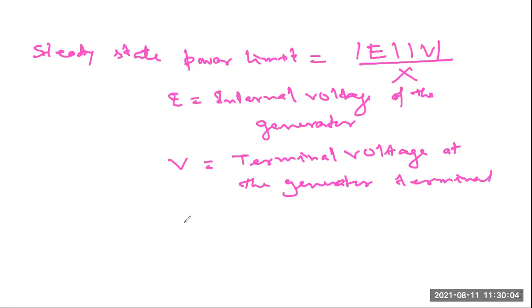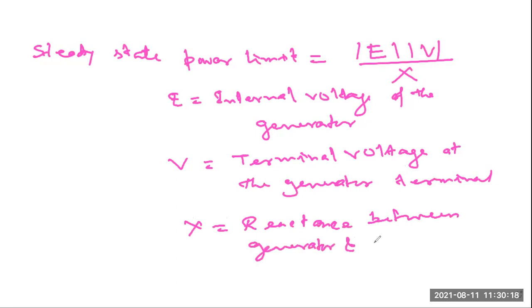And X is the reactance between generator and generator terminal. So basically this is the net reactance. So here also we'll apply this same thing.